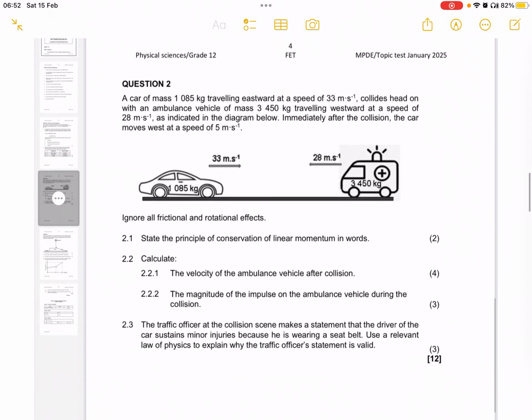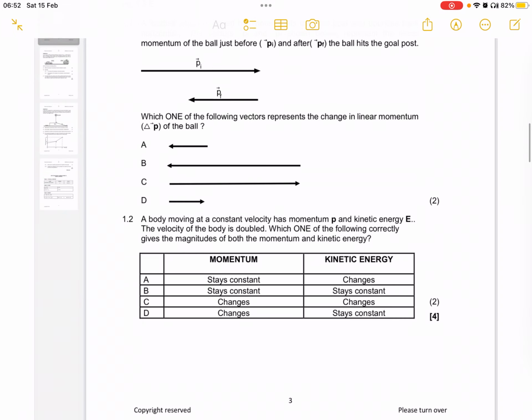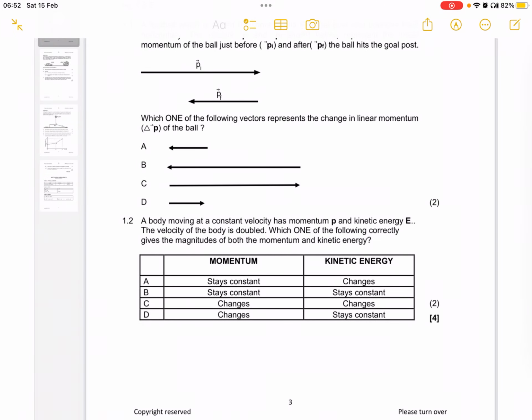Right. Now, in question 1.2, a body moving at a constant velocity has momentum P and kinetic energy E. The velocity of the body is doubled. Which one of the following correctly gives the magnitudes of both momentum and kinetic energy? Well, you have momentum and kinetic energy.